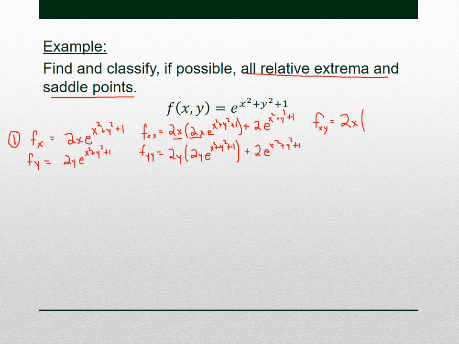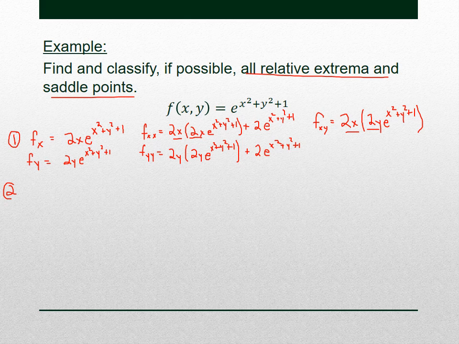Well, that's what we already have, that fy guy, and so that was 2y e to the x squared plus y squared plus 1. Okay, and again, you could rewrite this as 4xy out in front. All right, there are all of our partial derivatives. That's the end of step 1.